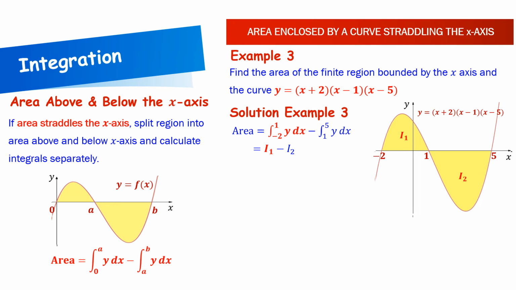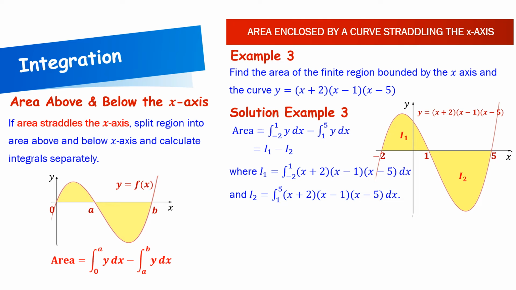The first integral, of course, is I1, and the second integral is I2. This is I1. We've plugged in the expression for y. And this is I2. Again, we've substituted in the expression for y.